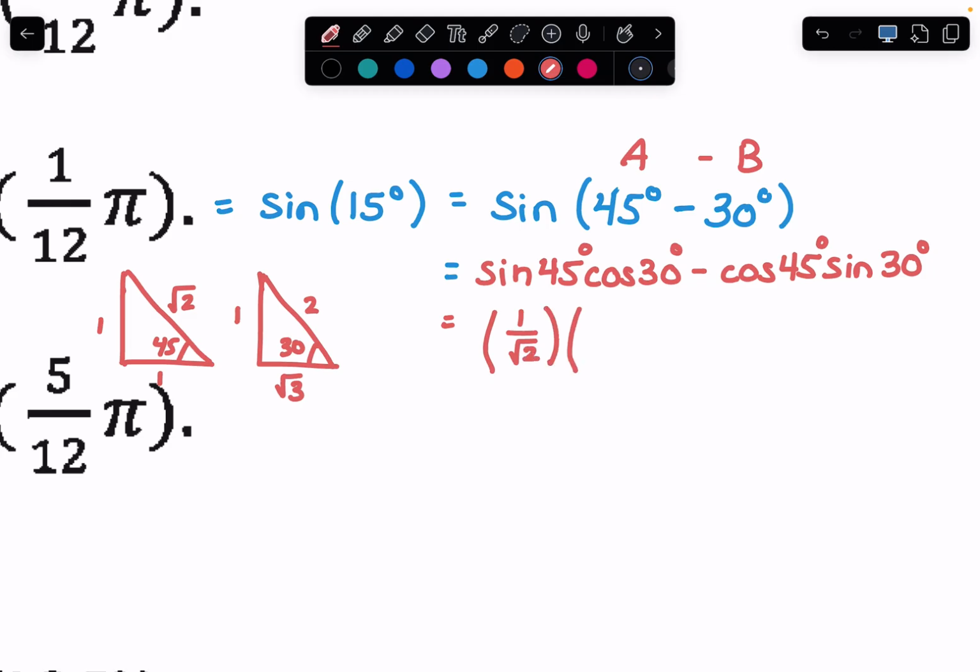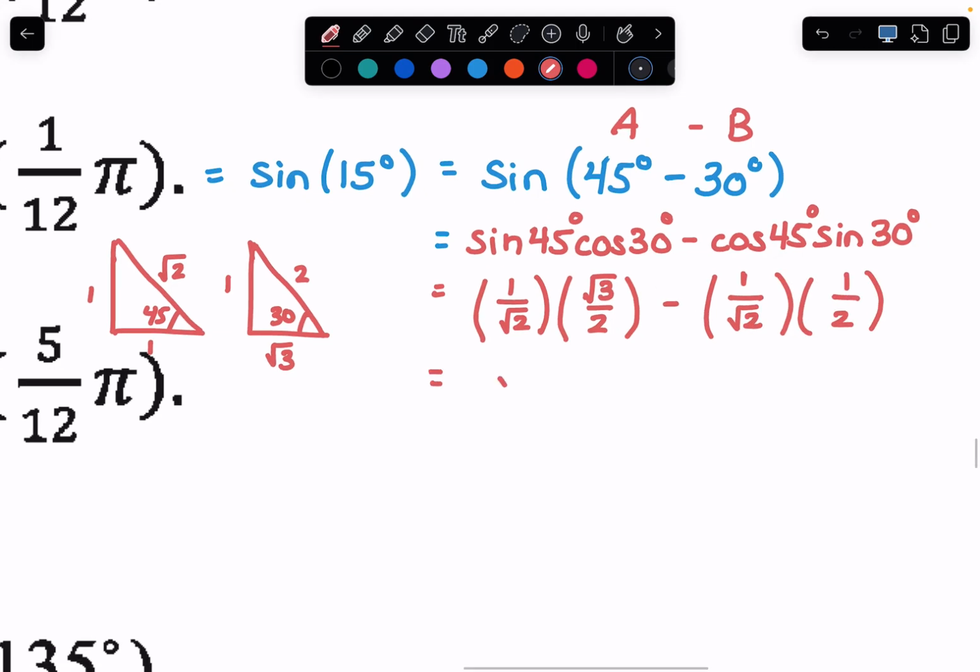The cosine of 30? Square root of 3 over 2. Cosine 45? 1 over square root of 2. And then sine of 30, 1 over 2. And then we can multiply them. They have a common denominator, so we can smush them together, like that.